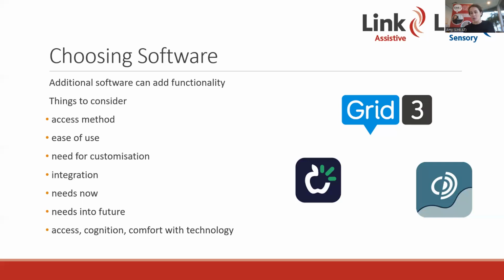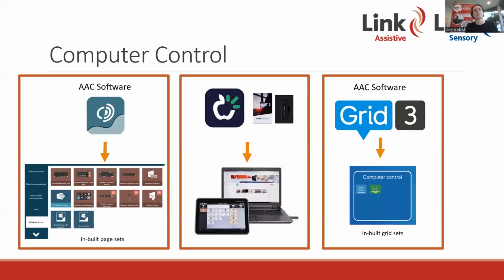Same with our degenerative population, where we might think, well, at the moment, we just need AAC to support face-to-face communication, but down the track, we may need alternative access and things as well. So have a think about that, and that's going to help you determine what software might be most suitable to that client. And that's something, obviously, you can use your suppliers to help you out with as well.